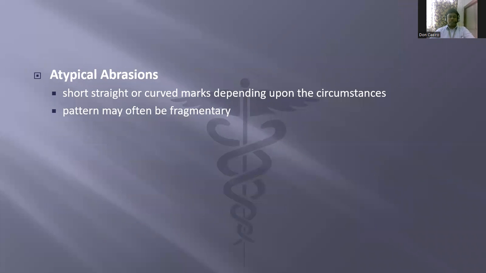Atypical abrasions are those abrasions which are short, straight, or curved marks that vary depending upon the circumstance. There is no particular pattern as such, but they are known as abrasions because they fulfill the criteria of the superficial layer of the skin being discontinued.